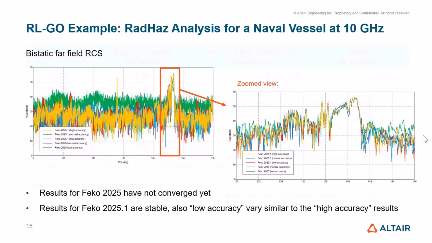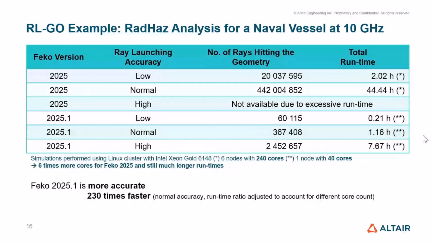So just to conclude, a little summary of the RadHaz analysis of the naval vessel. Compared to the previous FICO 2025 and previous versions, we can see that 2025.1 gives more accurate as well as faster results. It's up to 230 times faster, I would say, in this particular case with the normal accuracy.